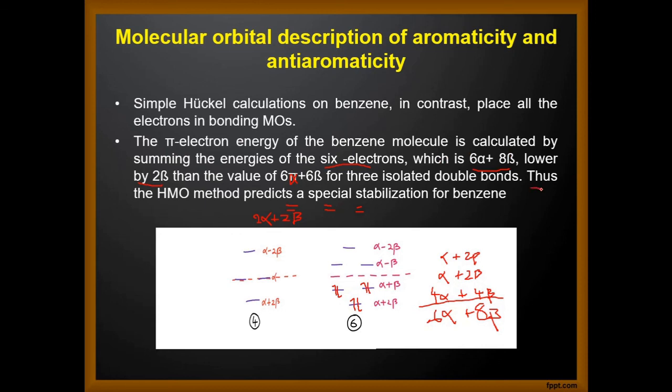So thus even the Hückel molecular orbital method predicts a special stabilization for benzene by a value of 2 beta.